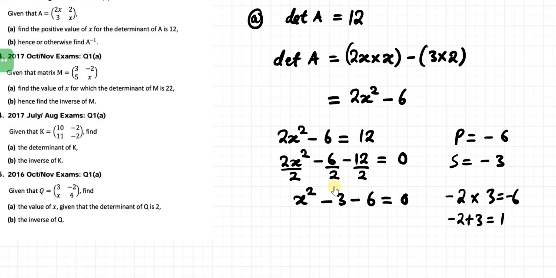Then two numbers which when I multiply them give me the product 6, and when I add them give me the sum, which is 3.